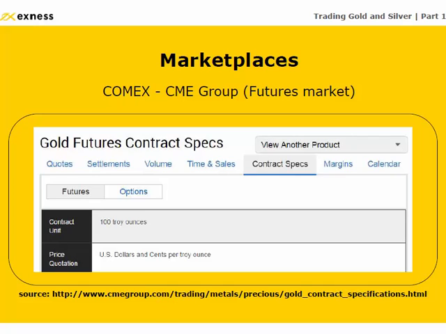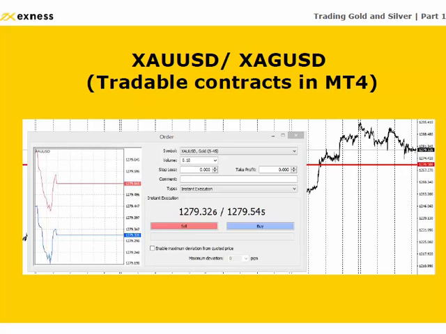Basically, XAUUSD is almost similar to the GC contract, which is the one traded on the Chicago Mercantile Exchange. Okay, that's how it looks in a terminal. Once you place an order, you have a spread here. You can choose instant execution or a pending order.